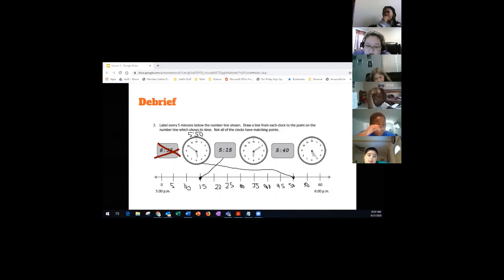This clock right here shows 6:10. So that one can't be shown, right? This one shows 5:40. So we're gonna go pink. And this one right here shows 5:25.